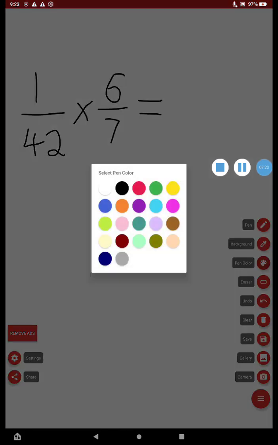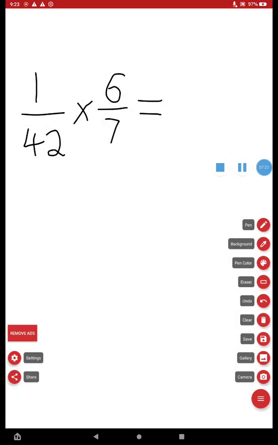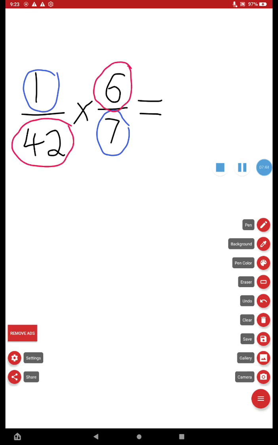Now before I multiply, let's ask myself, 1 and 7, can that be simplified? No, it can't, because 1 is the simplest number you can get, right? So I can't simplify that one. I'm going to keep it as 1 and 7. What about 6 and 42? Can that be simplified? Yes, it can.